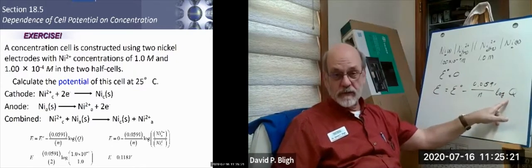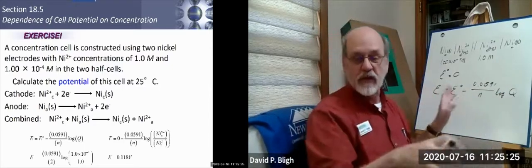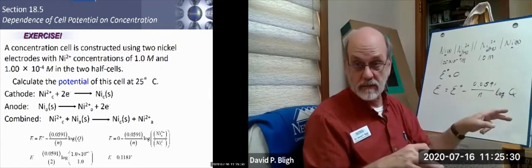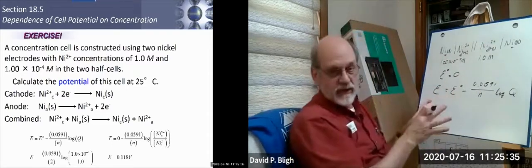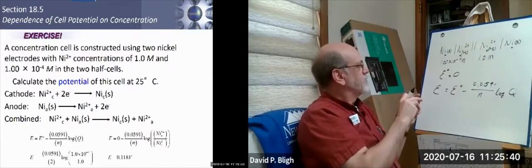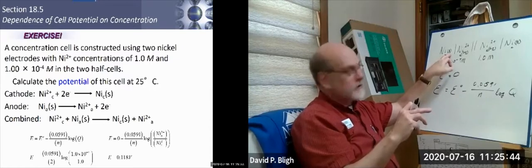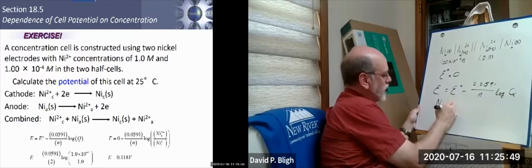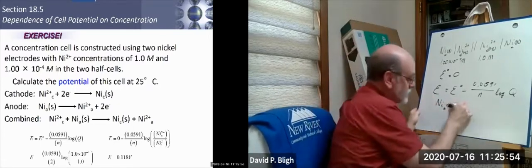For a Q, we need to write the entire equation so that we know which one goes on top and which one goes on the bottom, right? So let's write this equation out in balanced form. This is going to be the anode, which will be nickel anode, solid. And we're going to remove electrons from it.